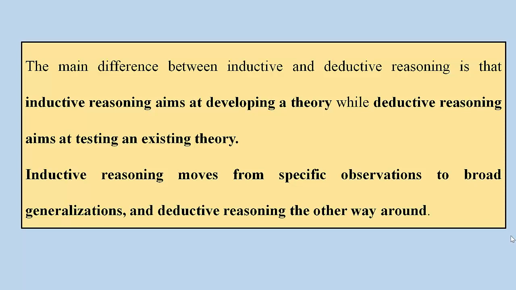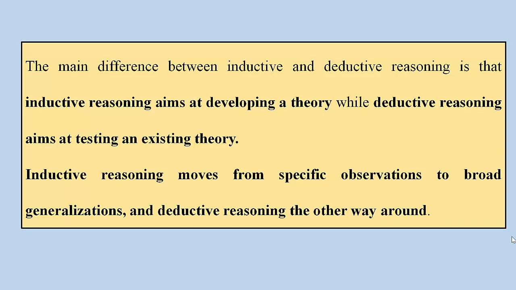Suppose my initial observation was right, then I can say that I form a theory, I form one statement. After my conclusion, I can say that yes, uneducated people are successful in business, and I will develop the theory accordingly. My theory may be that uneducated people are successful businessmen. From this example, I would like to tell you one very important point for inductive reasoning.